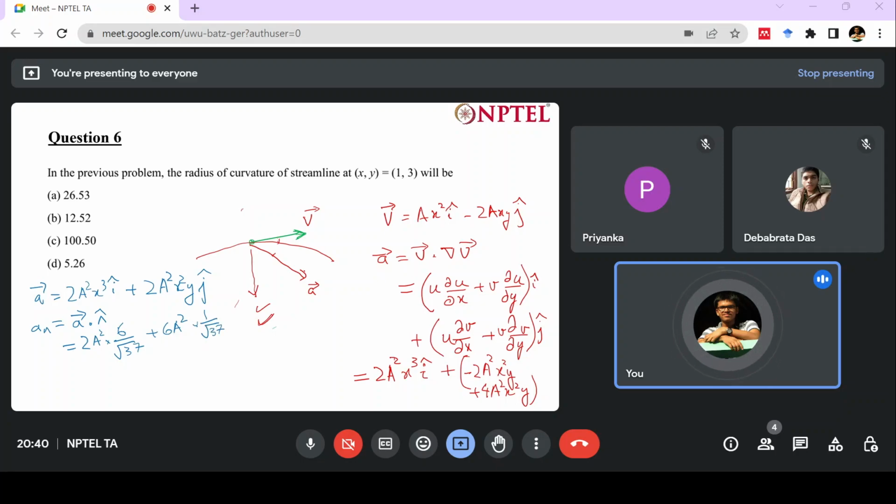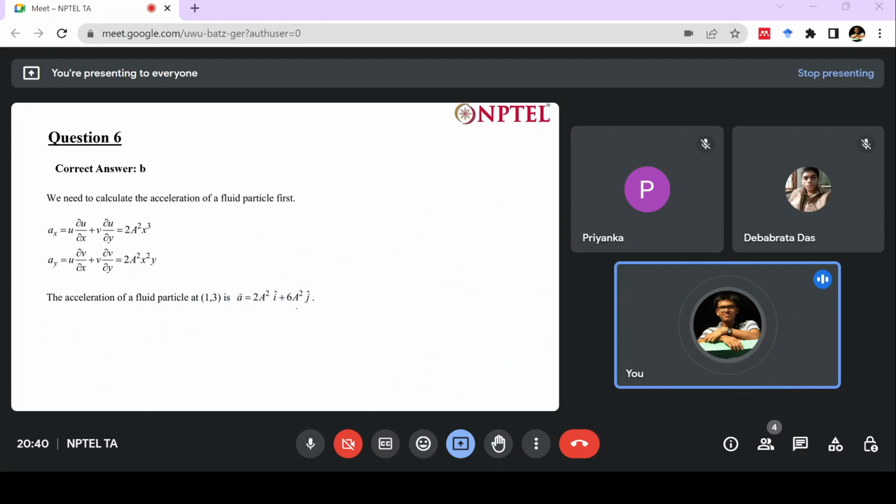So overall this is like how much? 18 by root 37 a square. This is my acceleration, right? Yes, sir. Okay. So here they have found the acceleration itself. So acceleration I will again write it here: 18 by root 37 a square.